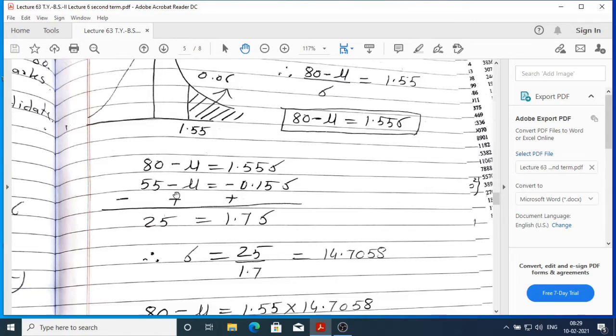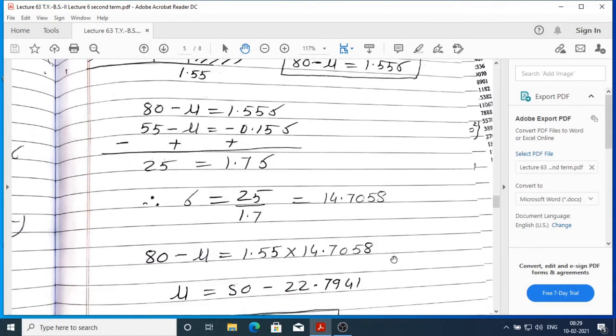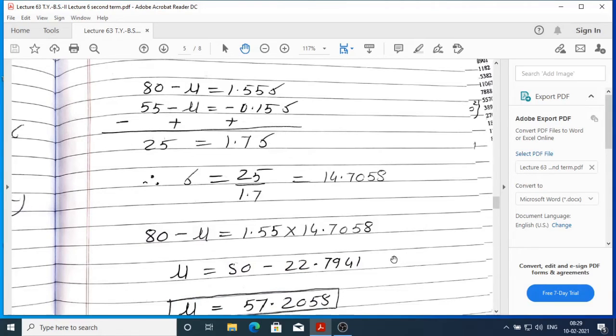Minus mu plus mu will get cancelled and 1.55 sigma plus 0.15 sigma becomes 1.7 sigma. So 25 is equal to 1.7 sigma. So sigma is equal to 25 upon 1.7, which is nothing but 14.7058.